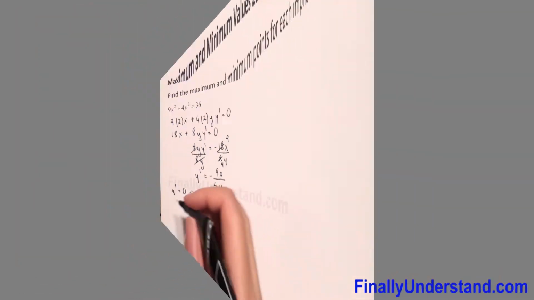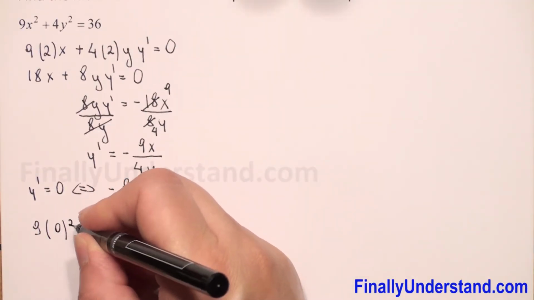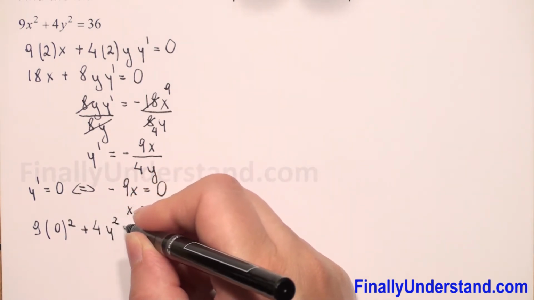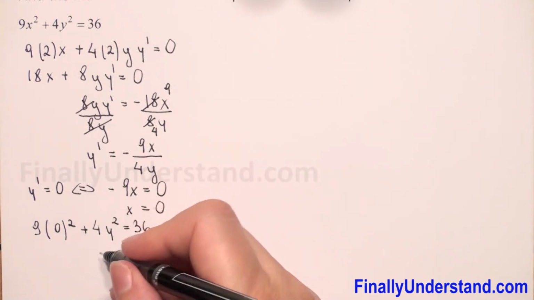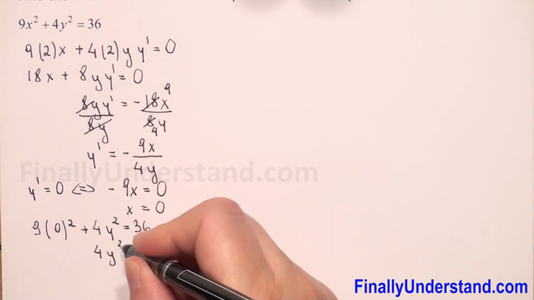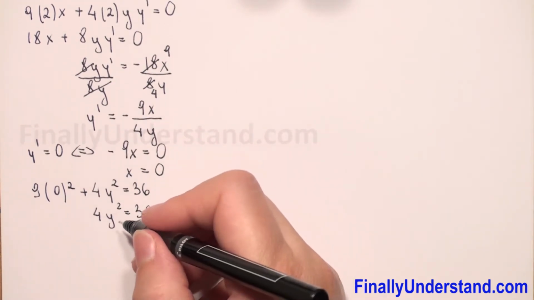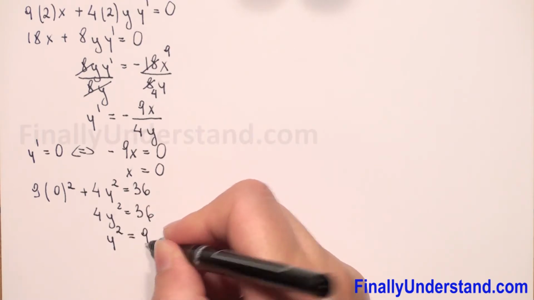So we have 9 times 0 to second power plus 4y squared equals 36. So we have 4y squared equals 36. We divide both sides by 4. So we have y squared is equal 9.